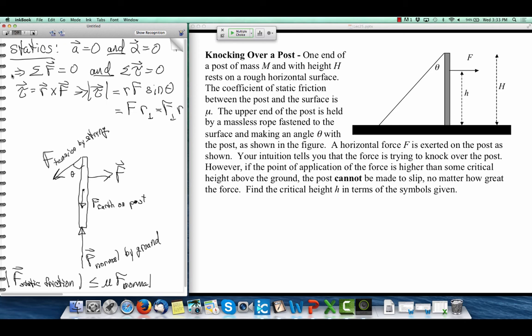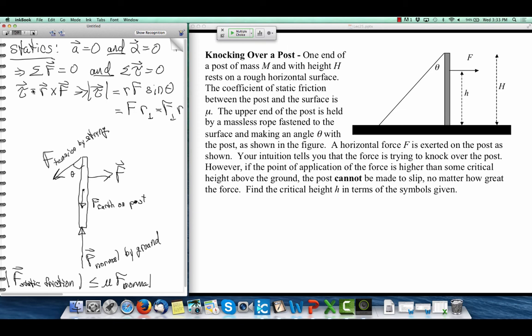I think what I'd like to do is just tell you what you need to think about. There's going to be two equations for the net force equal to zero. The horizontal components have to add up to zero. The vertical components of these forces have to add up to zero. And you're going to have at least one torque equation.